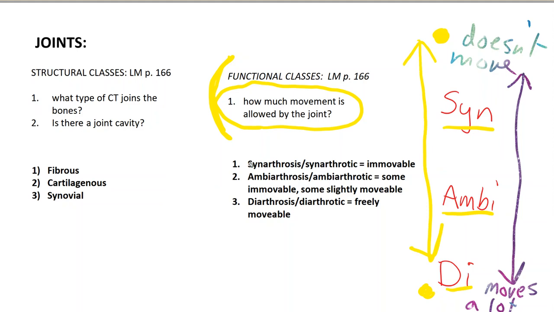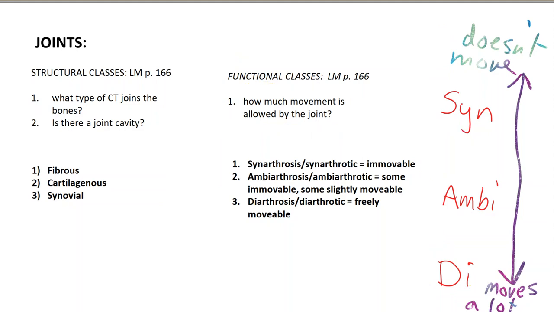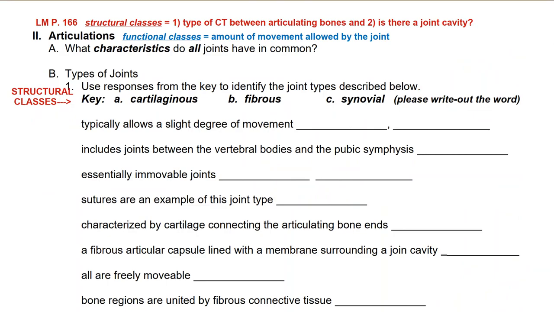So you have a synarthrosis or a synarthrotic joint, an ambiarthrotic joint, and a diarthrotic joint. And it's all going to be on that continuum of how much does it move. And so what are they made of? Structural. How do they move? Functional.